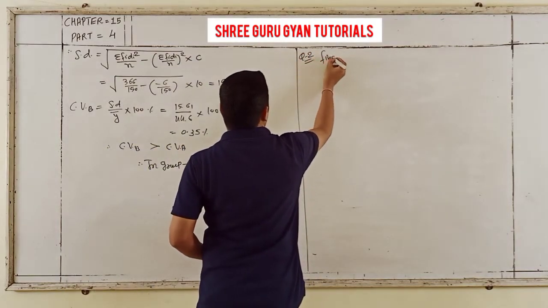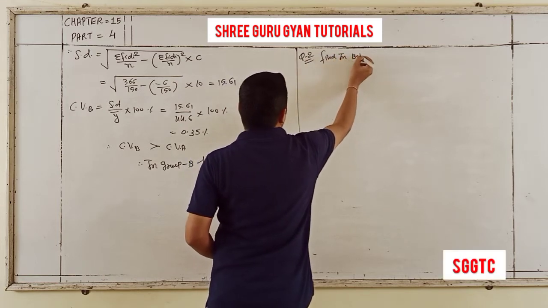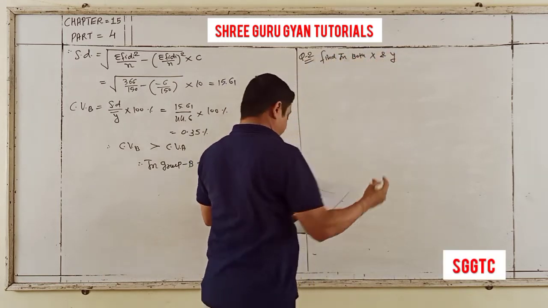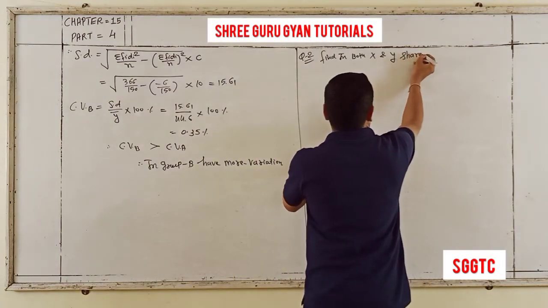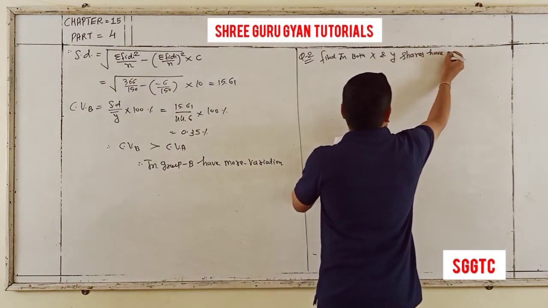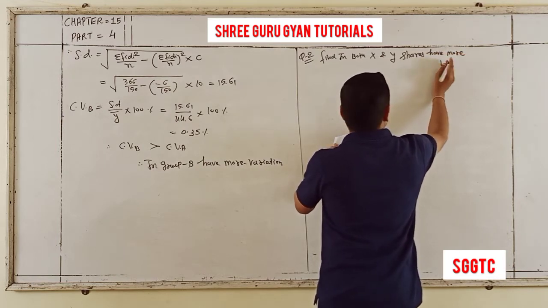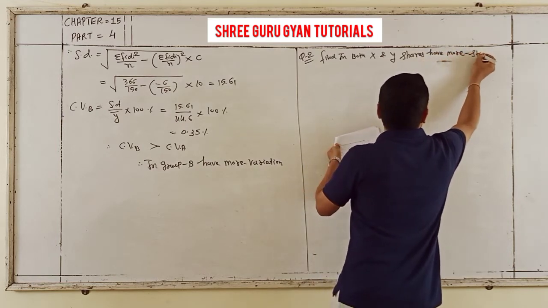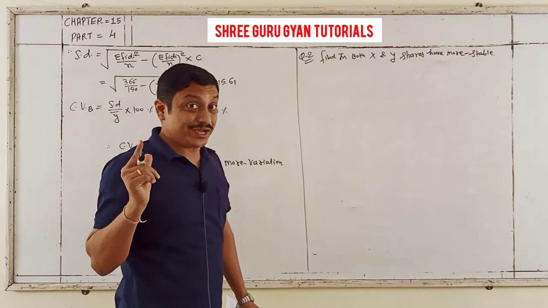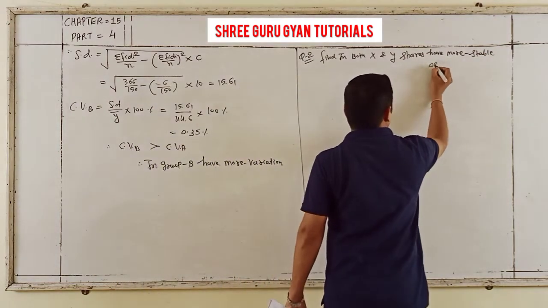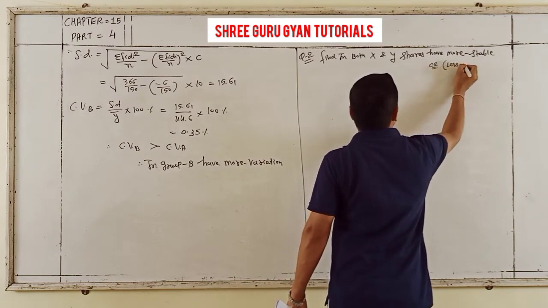Find in both X and Y shares which is more stable. More stable means, students, it has less variation. In other words, less variation.